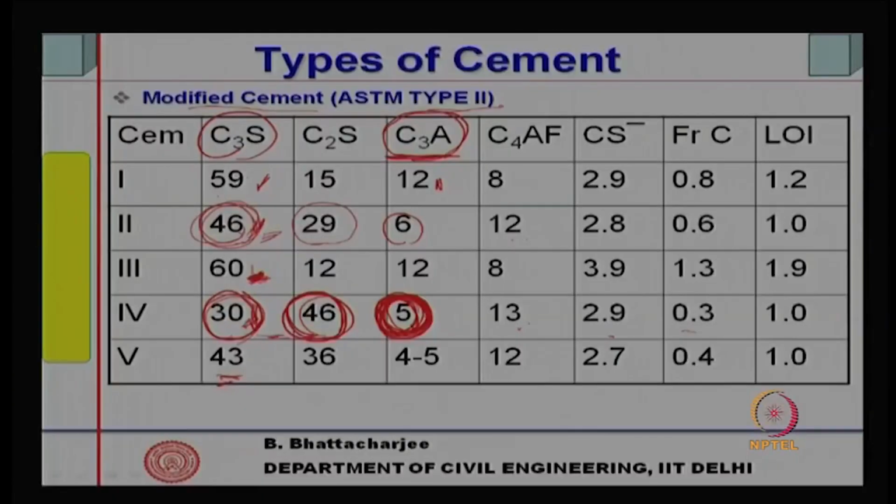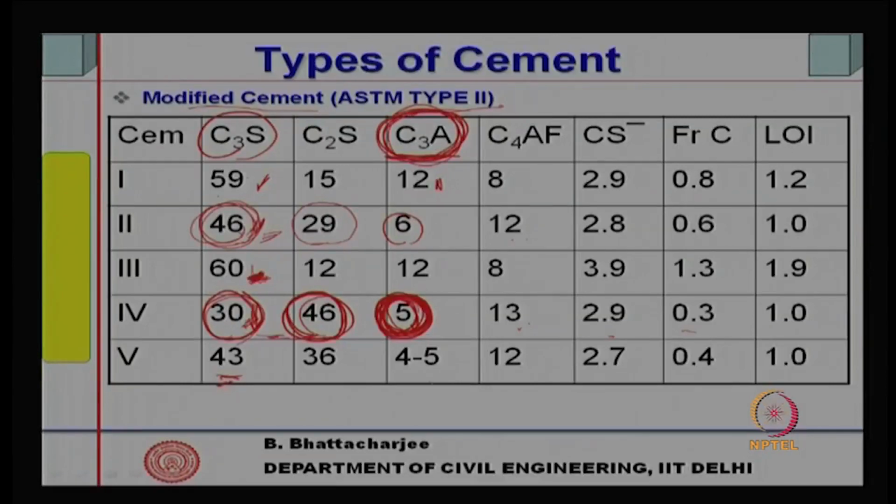That is sulphate attack. Anyway, we will discuss this at length sometime later on, but at the moment what we have to understand is that it is C3A which is responsible for sulphate attack. Sulphate attack takes place through C3A.